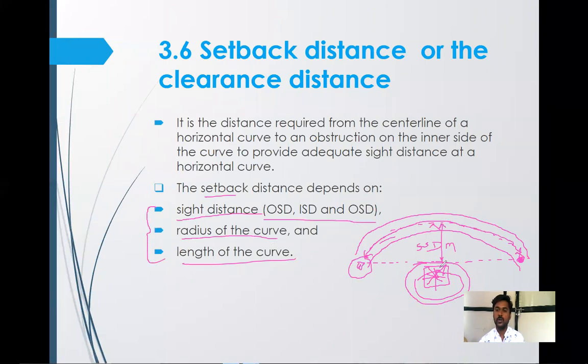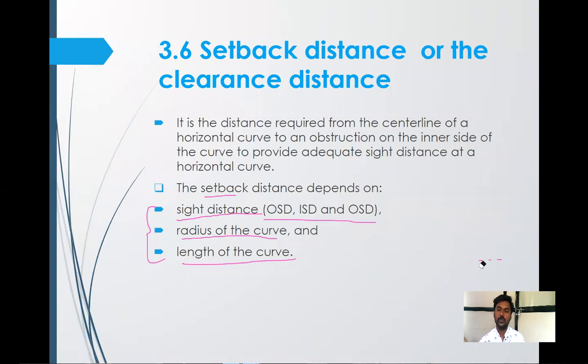Setback distance means by how much distance we should go for the construction of anything inside this curve, and this distance is taken from the center of the horizontal curve. So we will see how much setback distance should be provided on the horizontal curve. We will see that formula, how it should be derived.